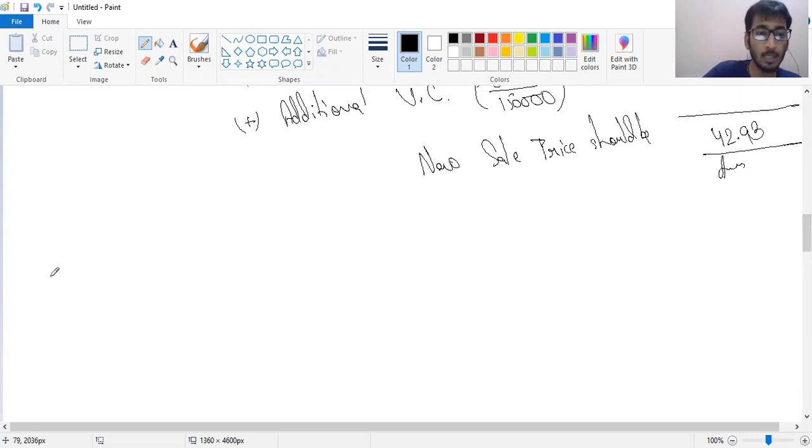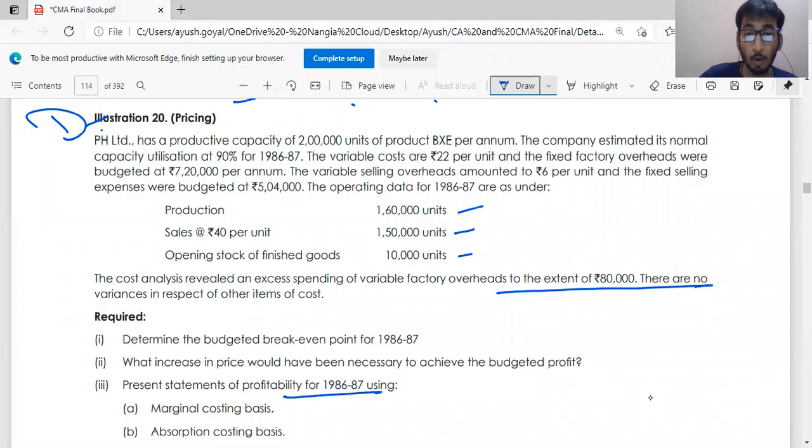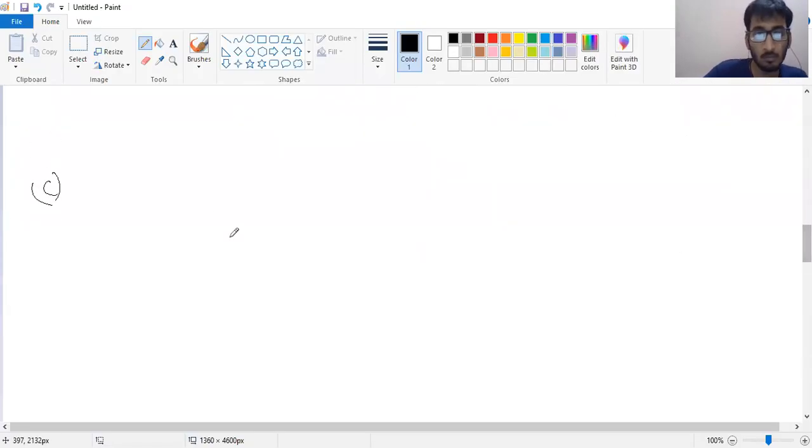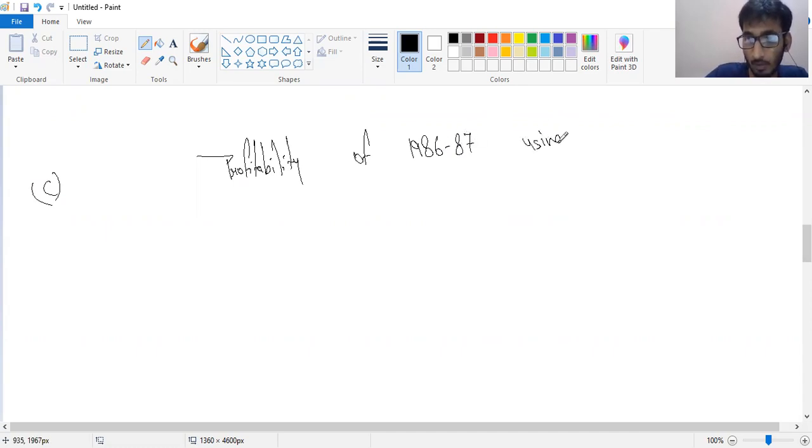Now let's come to the C part. It is asking us to calculate the profitability of 1986-87 using marginal costing and absorption costing. So let's see the profitability of 1986-87 using marginal costing.